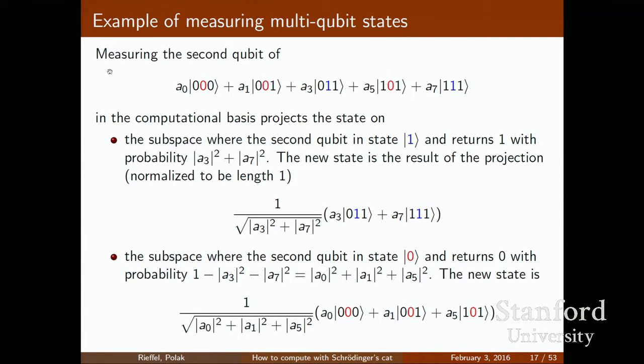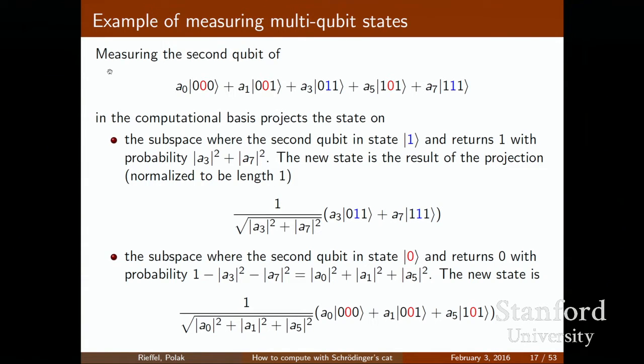It almost works like the single qubit measurement. We get 0 or 1 for the measurement of the second qubit. If we measure 0, the state will collapse into a state that is consistent with the second qubit being 0. If we measure 1, it'll be a state that's consistent with the second qubit being 1. So it's one of the two subspaces that the whole state gets projected into.